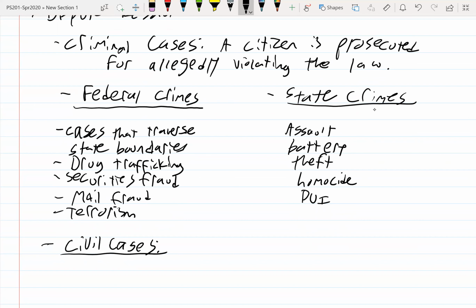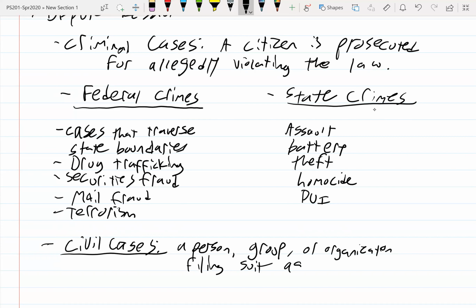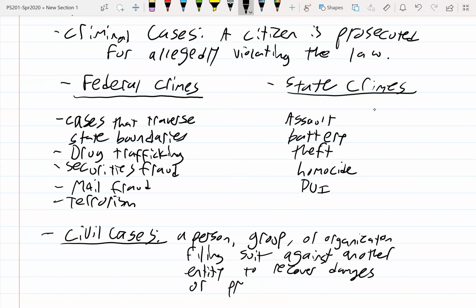This is going to involve a person, group, sometimes not just one person but multiple people, sometimes an organization, filing suit against another entity to recover damages or prevent some action.